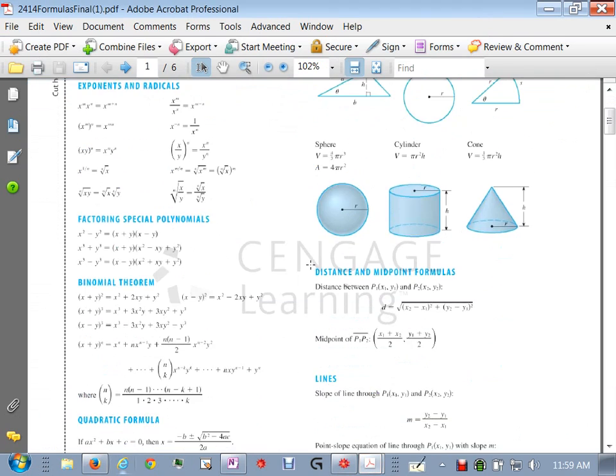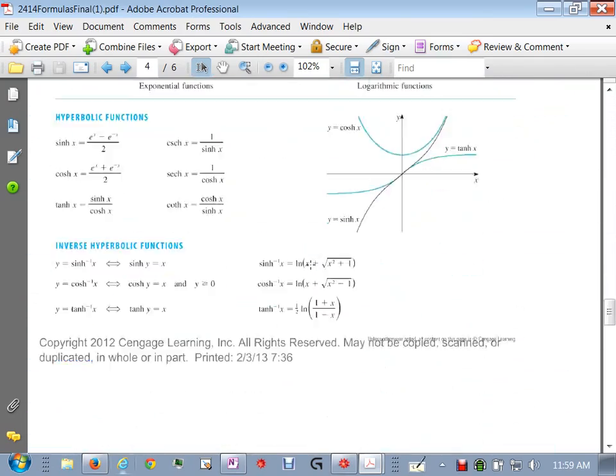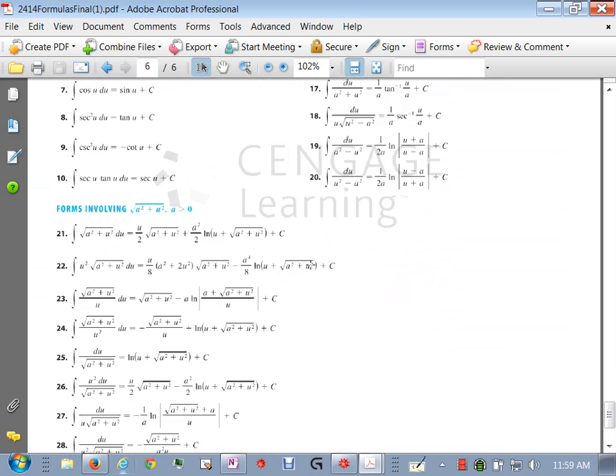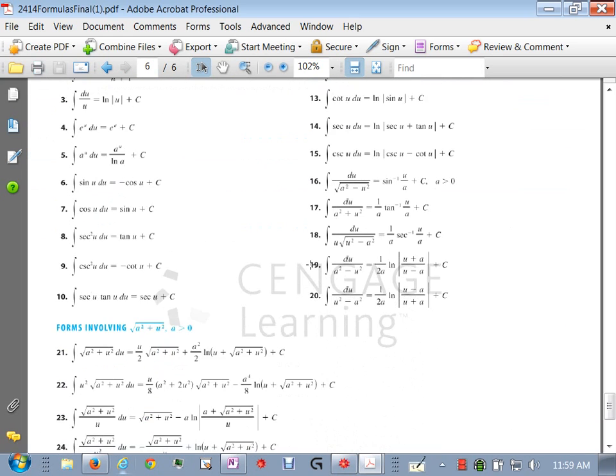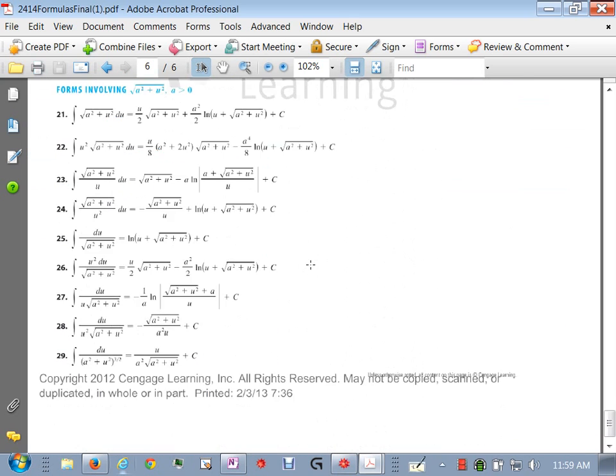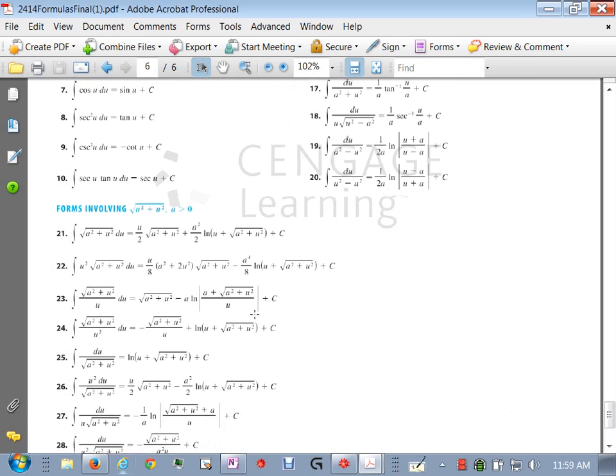No? Nope. So there aren't any on your formula sheets, but there are some if you have a book that has them. Well, maybe there aren't. Oh, yes, there are. I have formulas up to 29, right? On what you can have on the test.